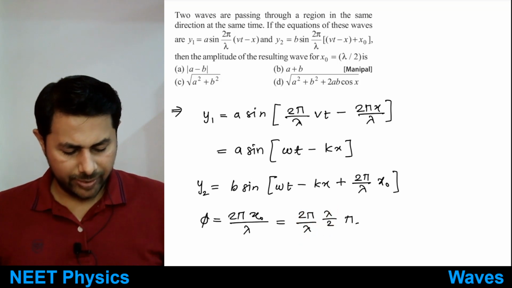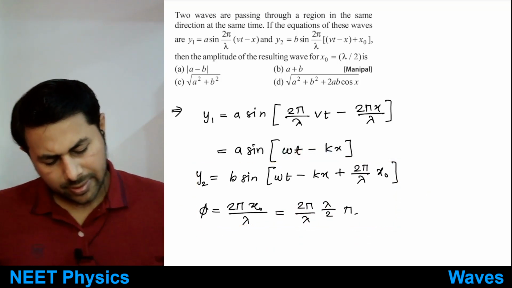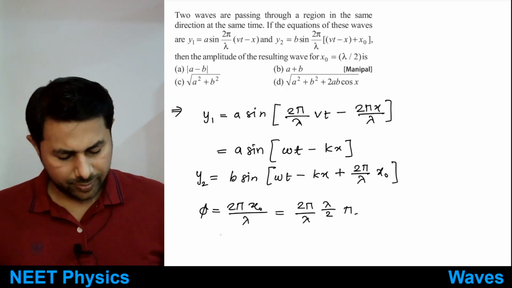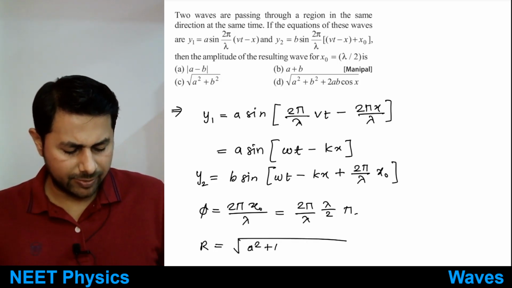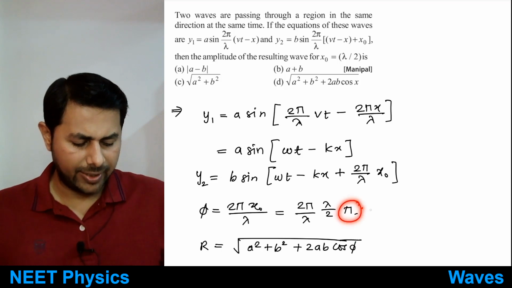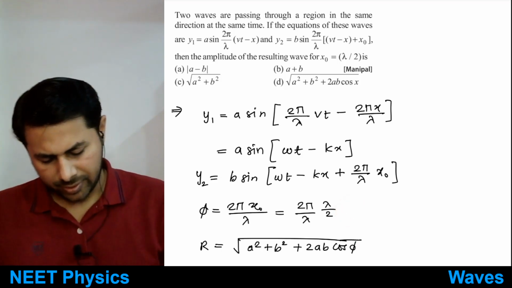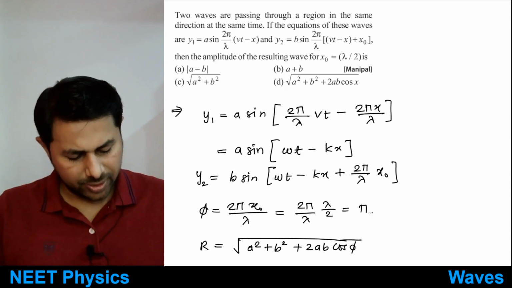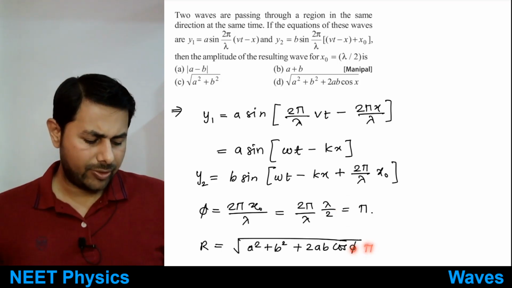And therefore what would be the resultant amplitude? So r is equal to the square root of a square plus b square plus 2ab cos phi, and phi is equal to pi. And what would be cos pi?